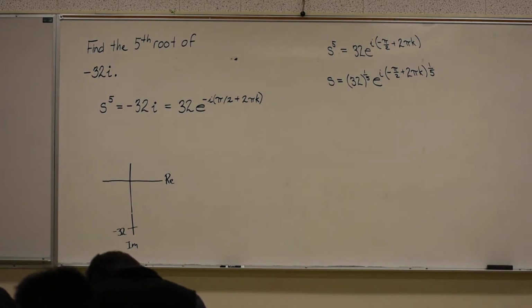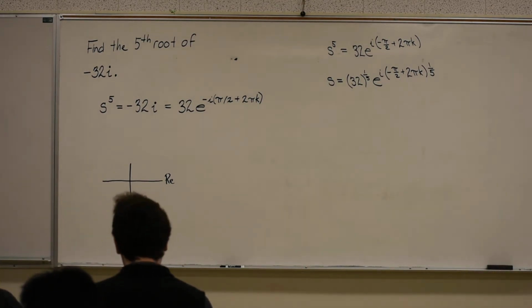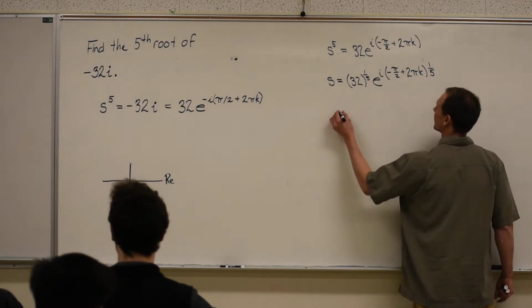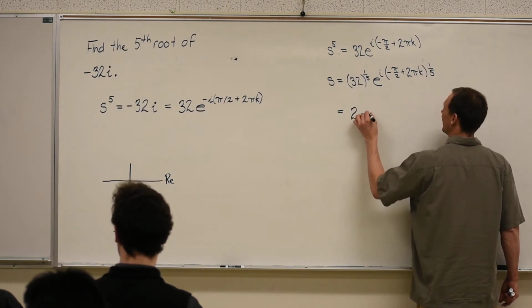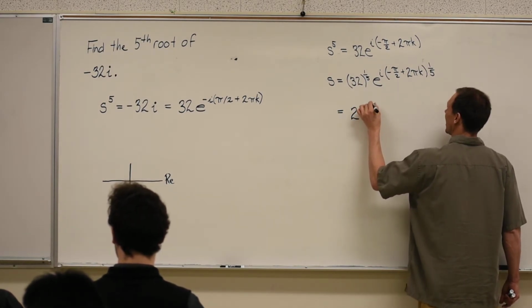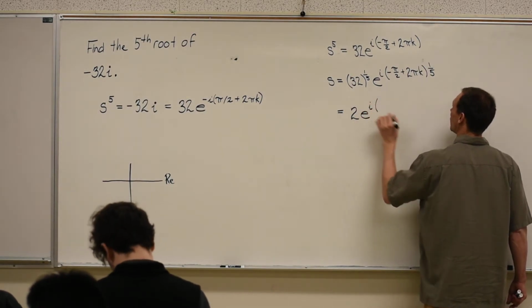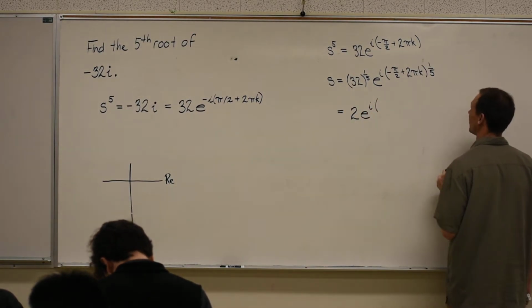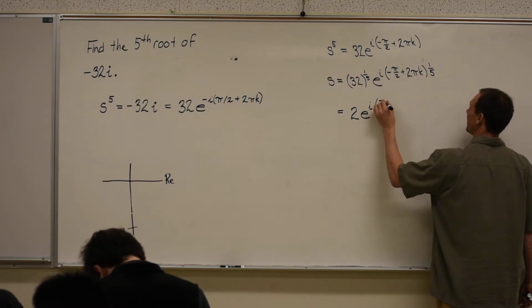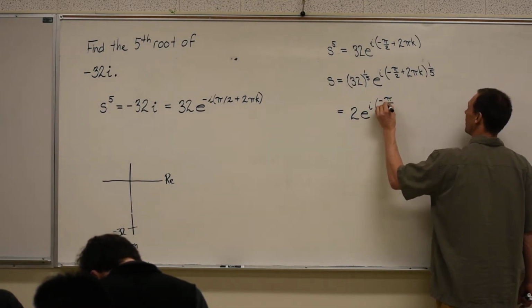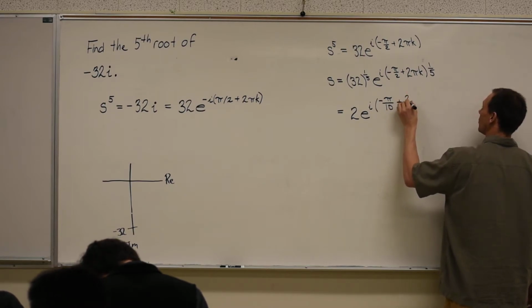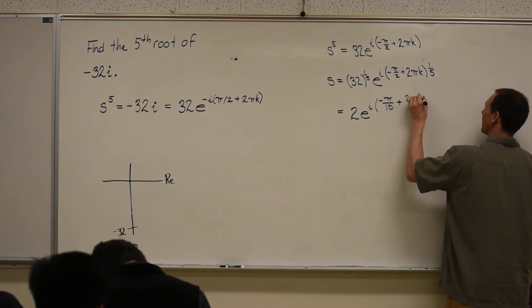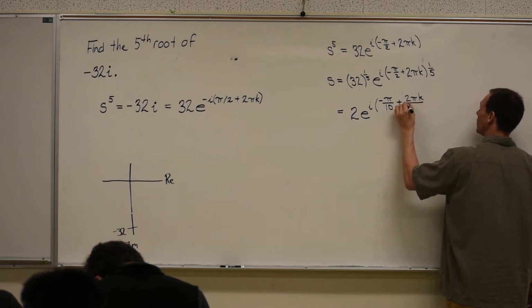I picked one that would work. What is the fifth root of 32? It's 2. Okay, so this is going to be 2 e raised to the i times minus pi over 10 plus 2 pi times k over 5.